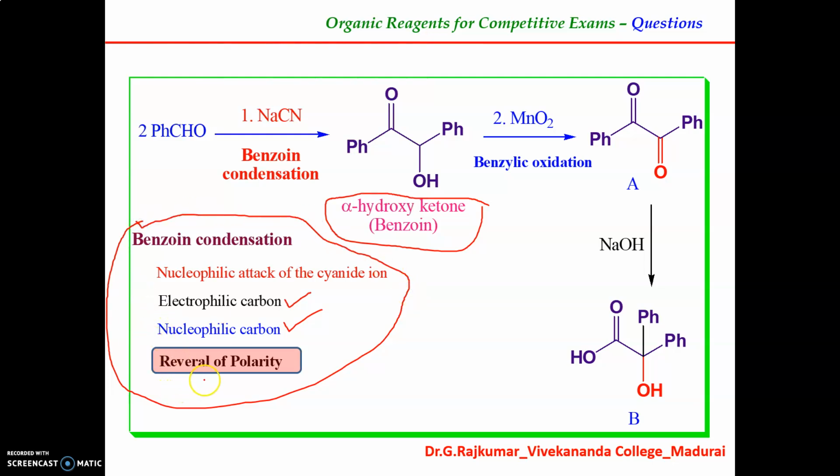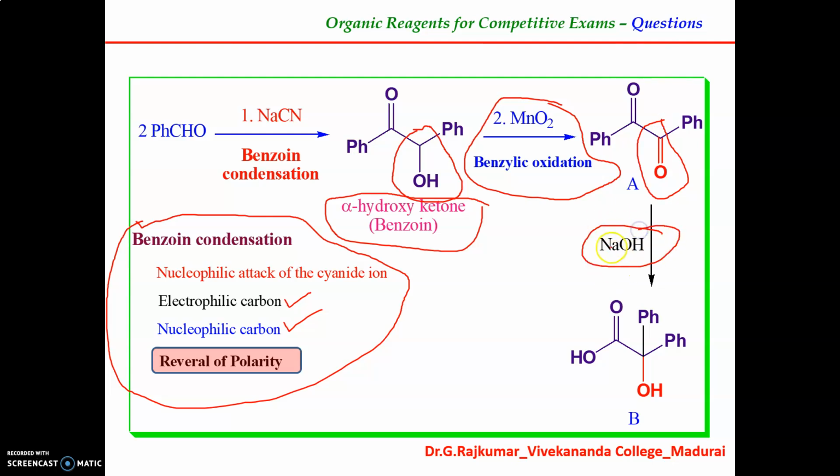In the second step, manganese dioxide can be used for the oxidation of benzylic or allylic alcohols. Here this benzylic hydroxyl group is oxidized into a keto group. And in the second step they have given sodium hydroxide. So this will be the product.